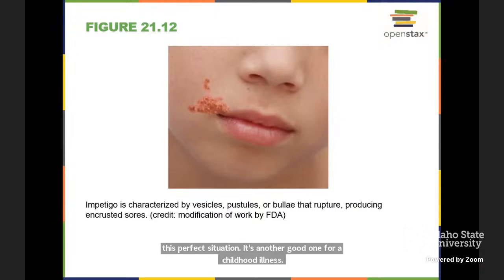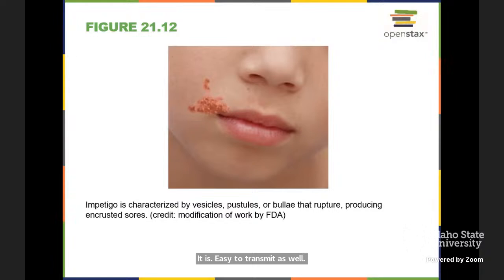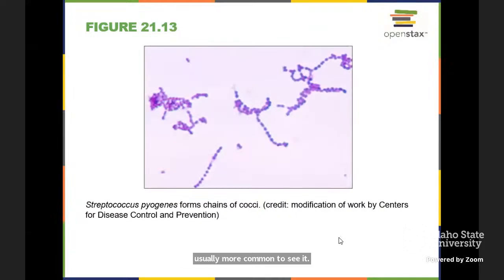It is easy to transmit as well. And often, not always, but oftentimes we see it on the face, around the mouth, pretty common. All right. But it can be elsewhere, but usually more common to see it around the mouth. So we'll get to some details here in a second.